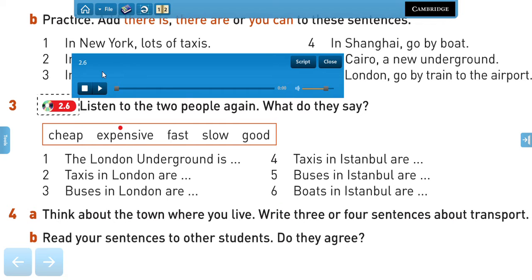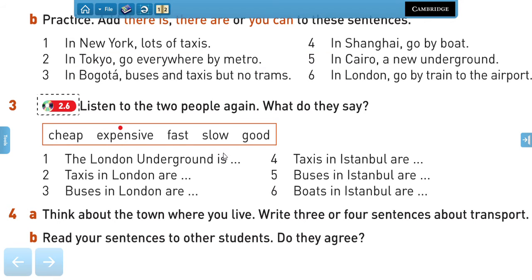Okay, so let's see. We have number 1. The London Underground is fast and also expensive, right? Fast and expensive. Taxis in London are expensive as well. Very good.